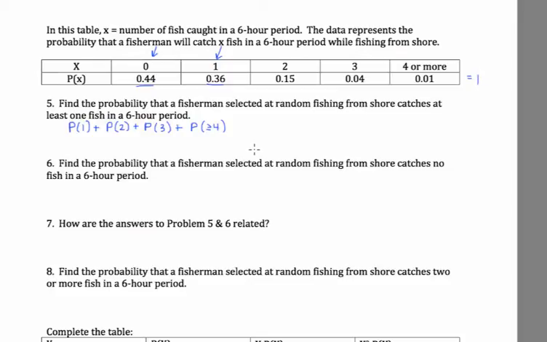Find the probability that a fisherman selected at random fishing from shore catches at least 1 fish in a 6-hour period. At least 1 means that he could get 1 or 2 or 3 or 4 or more. So just add together all those probabilities.